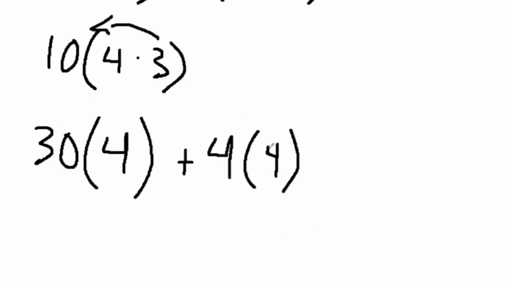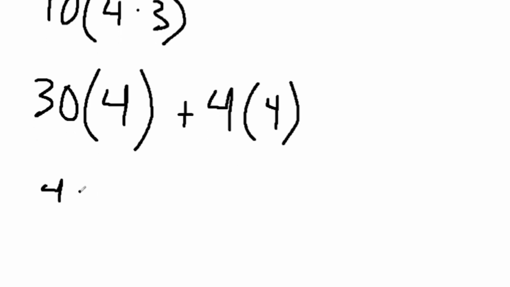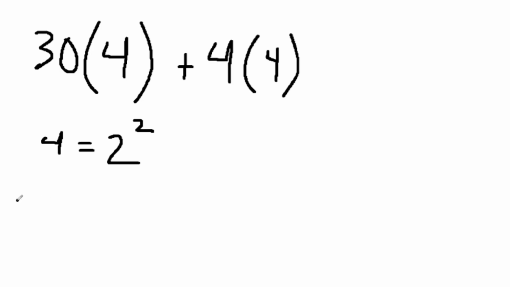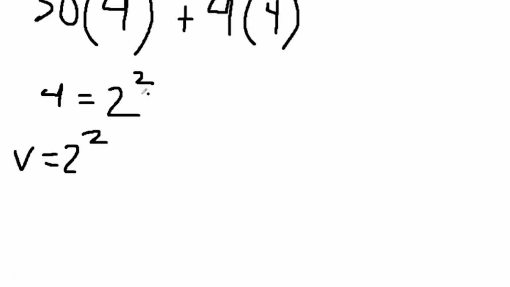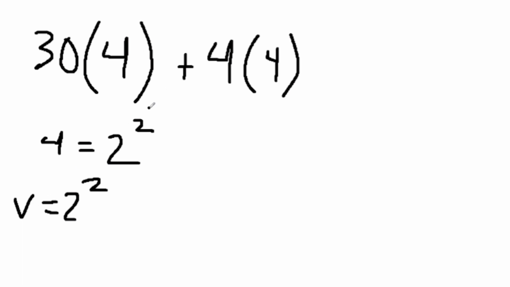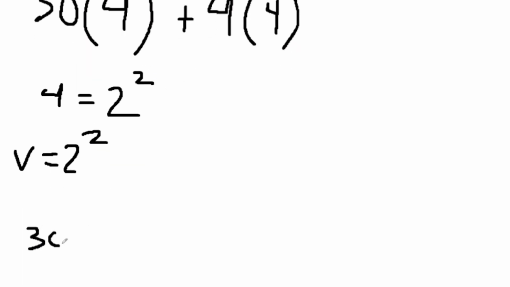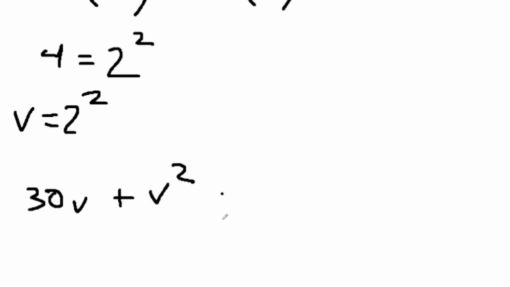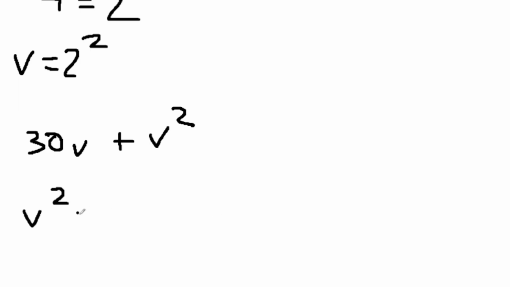Now we know that 4 is the same thing as 2 squared. So let's make a variable v, and it's going to be equal to 2 squared. Now let's substitute v in for all of these 4's. So 30v plus v times v, or v squared. So v squared plus 30v.